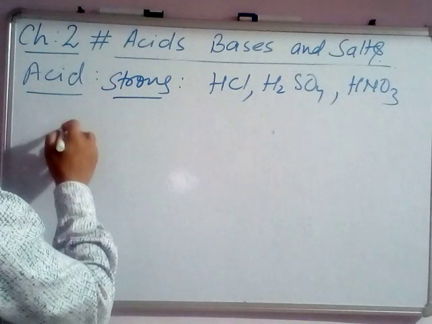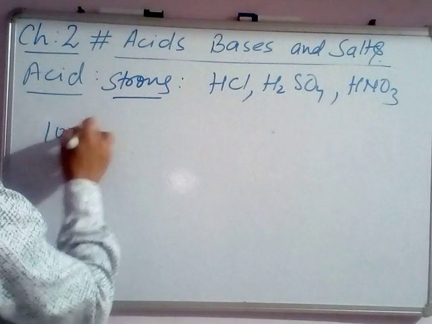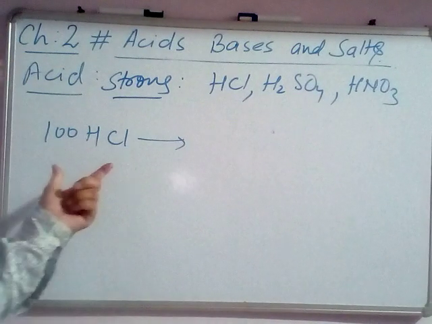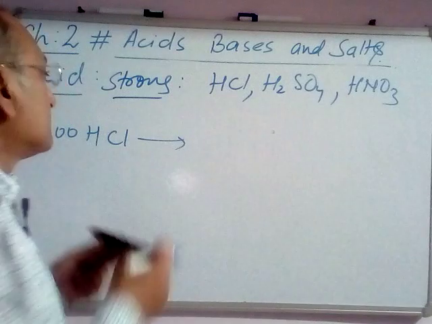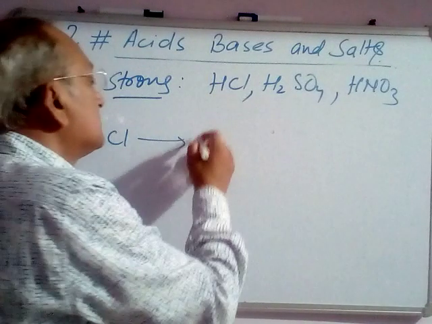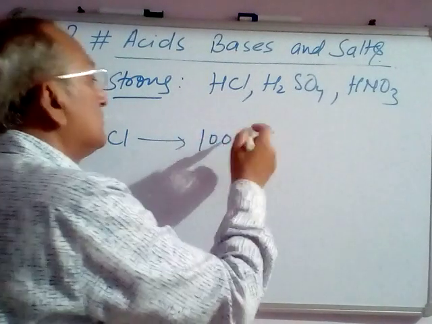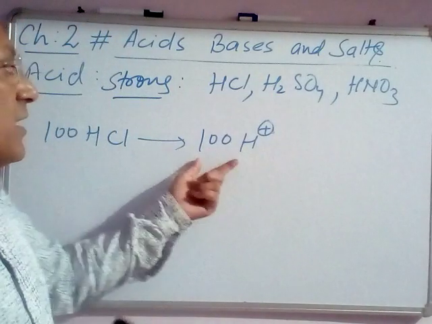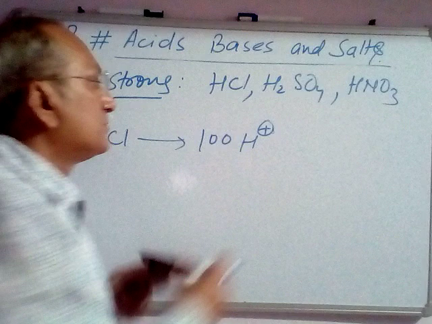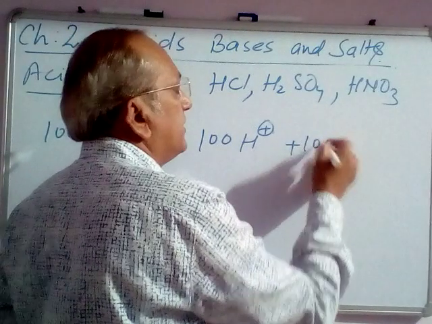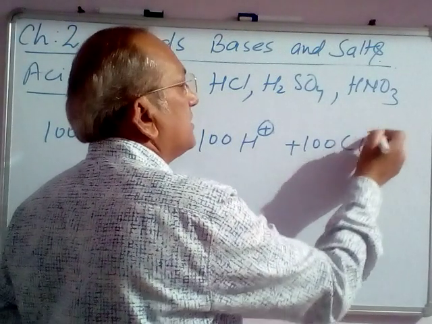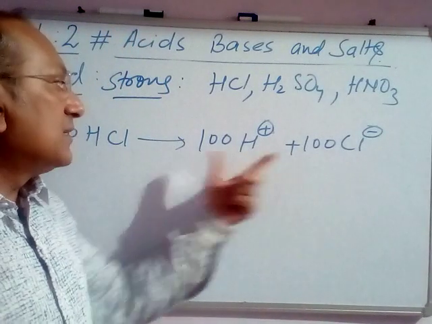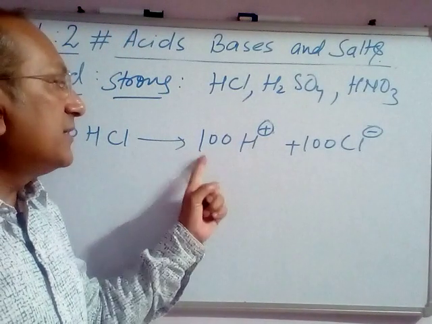Like HCl, we have taken 100 molecules of HCl. Why do we say this is a strong acid? HCl gives 100 H plus ions plus 100 Cl minus, chloride ions.